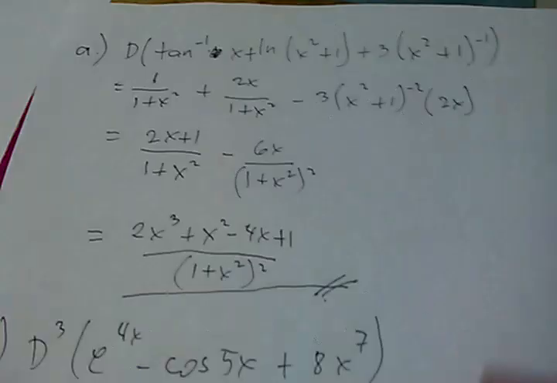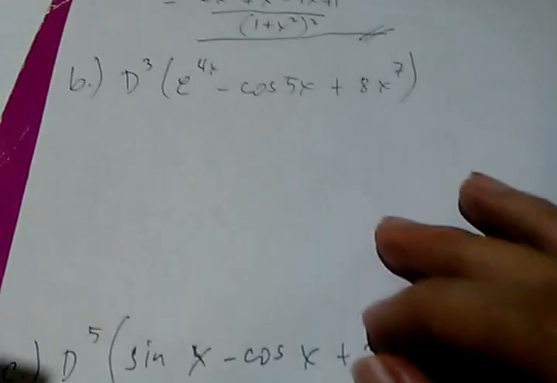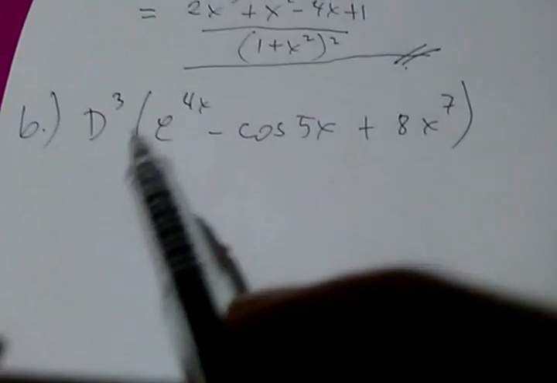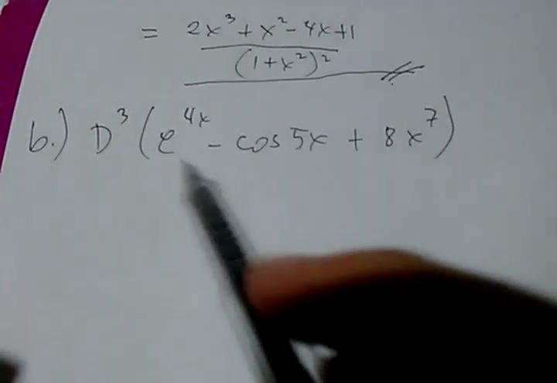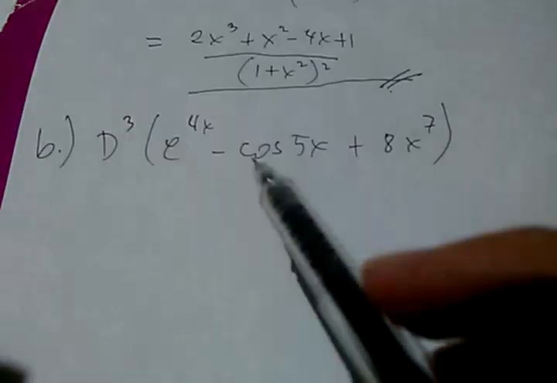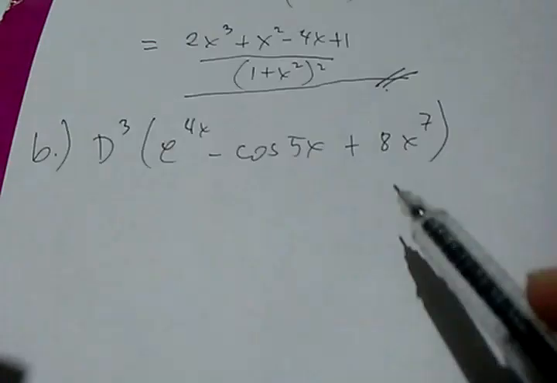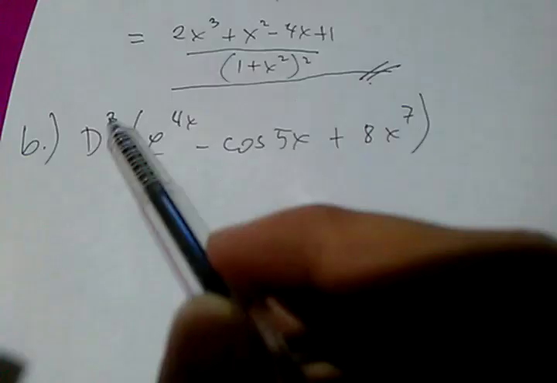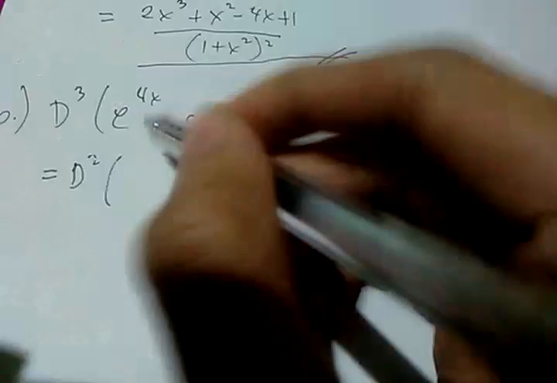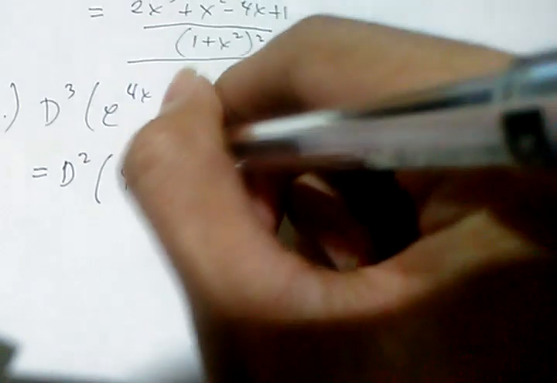So let's solve another problem. d cubed of e raised to 4x minus cosine 5x plus 8x raised to 7. So we have three derivatives right now, so three processes. First, for the first derivative, e raised to 4x gives 4e raised to 4x.